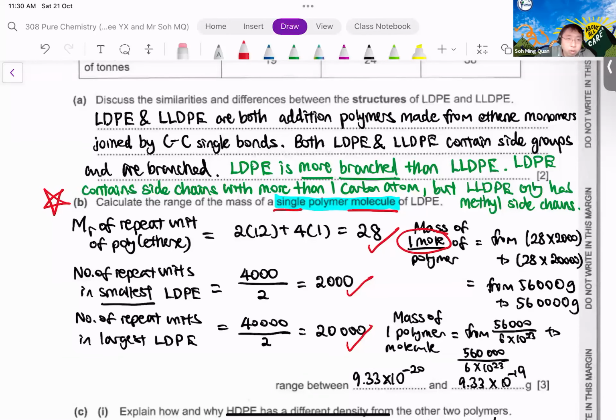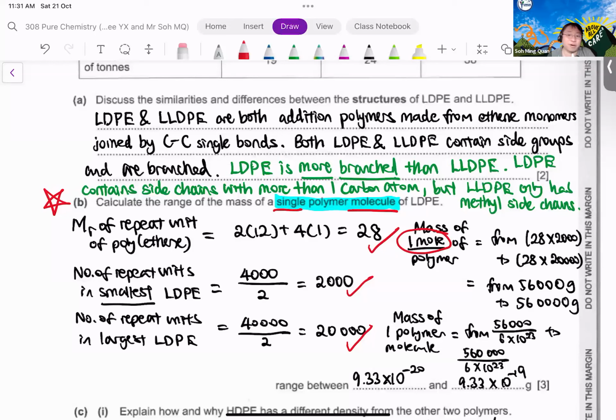They don't want 1 mole. They want 1 molecule. And this is where you've got to remember, oh, 1 mole is 6 times 10 to the power of 23. So now I need to take the Mr of the polymer, divide by 6 times 10 to the power of 23 in order to find the mass of 1 molecule.